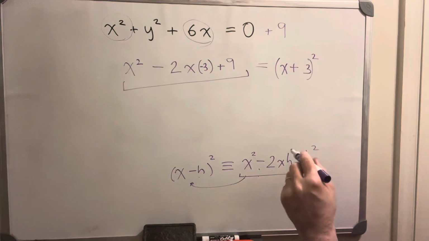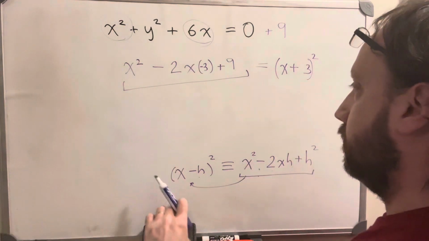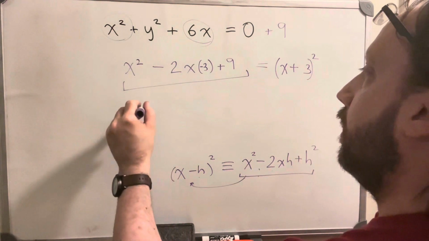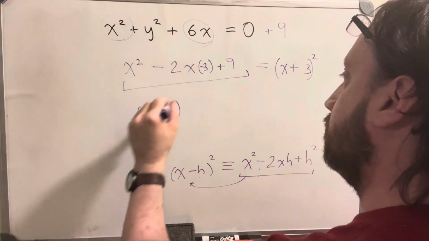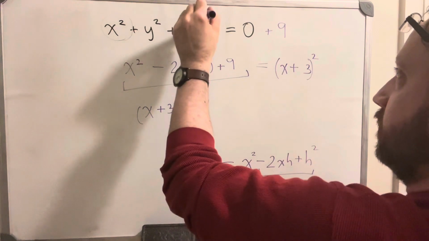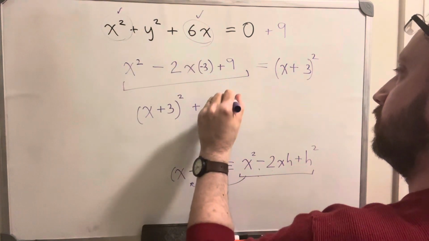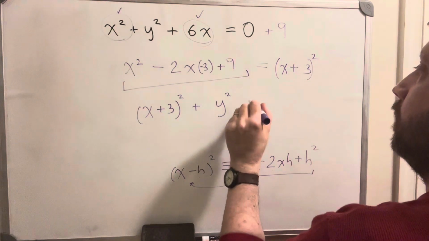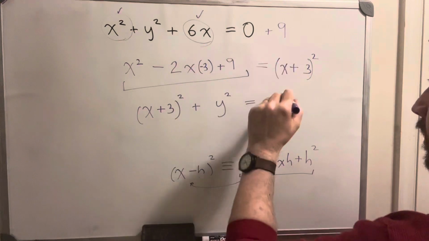All right. That means that we've got, we took care of this and this. And we added 9 to get this completed. We added 9 on this side.